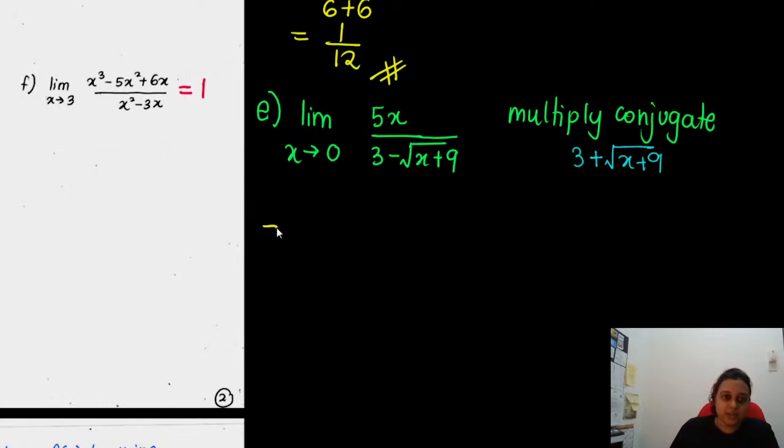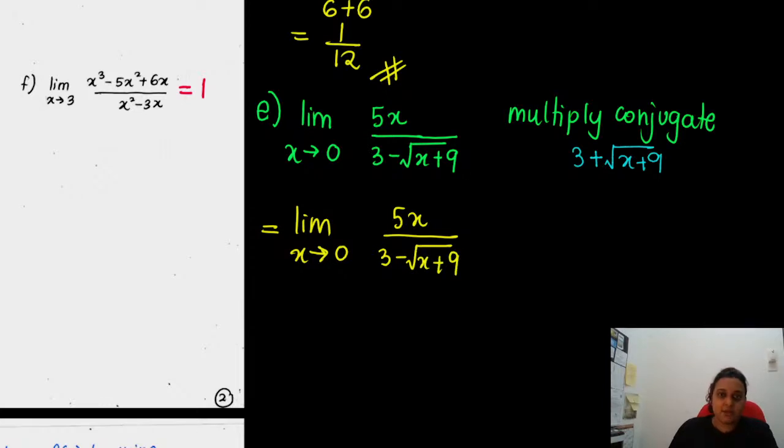Now I'm going to do the multiplication. 5x over 3 minus the square root of x plus 9, times top and bottom 3 plus the square root of x plus 9 over 3 plus the square root of x plus 9.